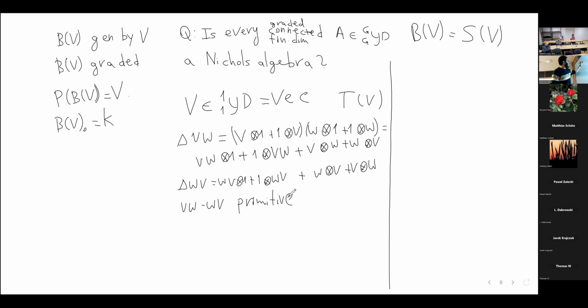Okay, so let's take V inside, not G, sorry, CT Yetter-Drinfeld, and I write CT as generated by an element G. And let's say that V is equal to V_G.